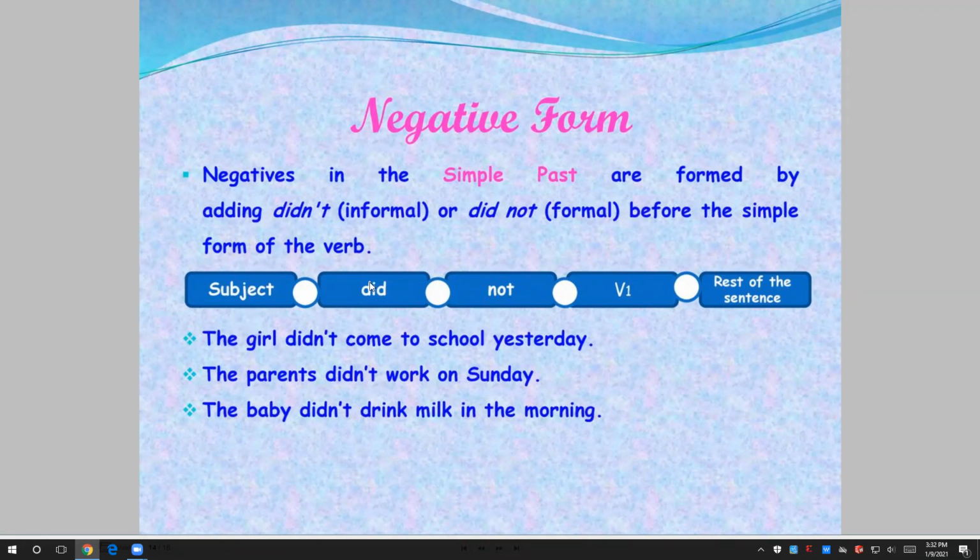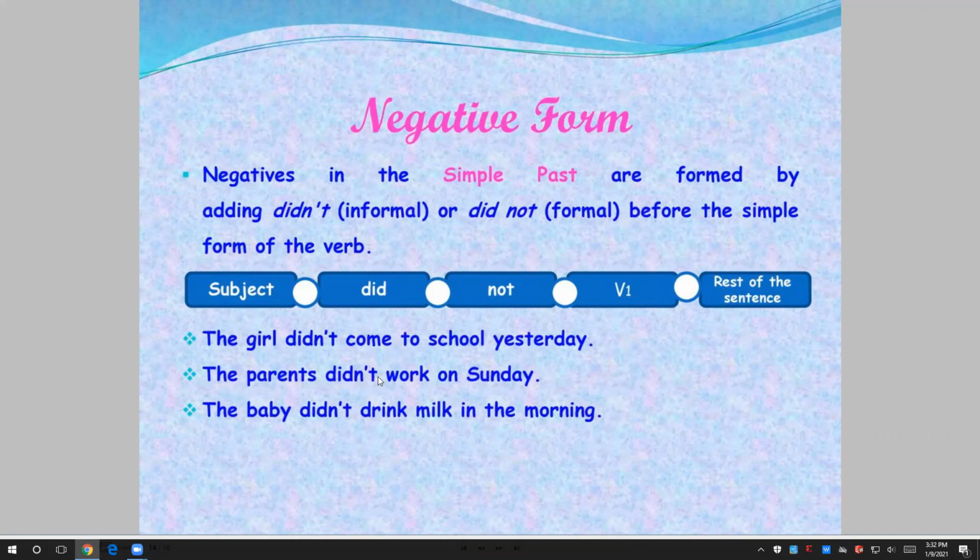So subject, the girl did not, verb first form come, and the rest of the sentence, to school yesterday. The girl didn't come to school yesterday. Please note that when you're using negative form, you'll not be using the past form of the verb. When you're using did not, the second form of the verb is going to be changed into the first form of the verb.